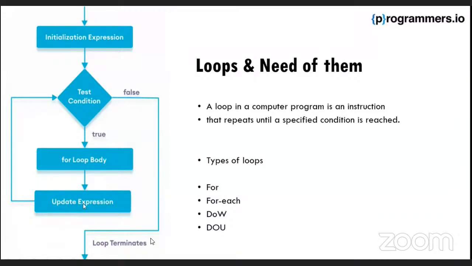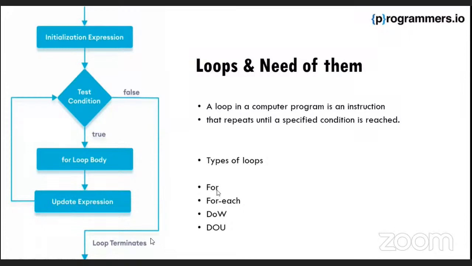After the update expression, it will again test the condition. When your condition is true, the loop continues, but when your condition is false, it will immediately exit the loop and terminate. And we have a lot of loops in RPGLE, like for each, do while, and do until.